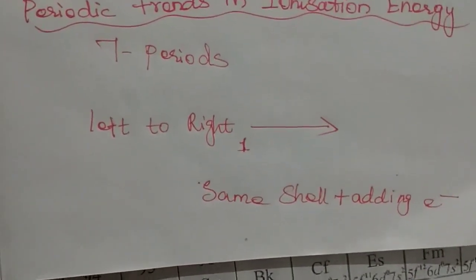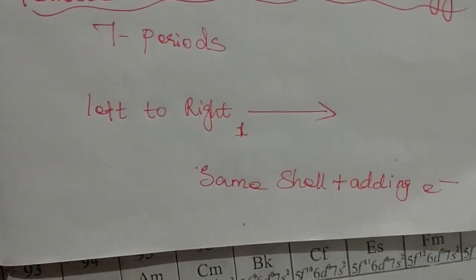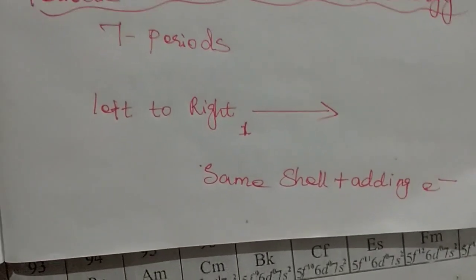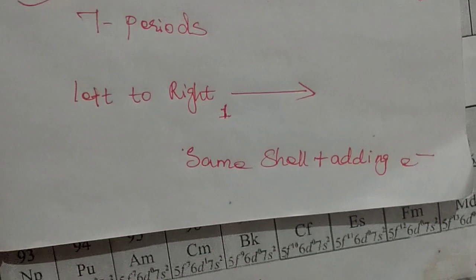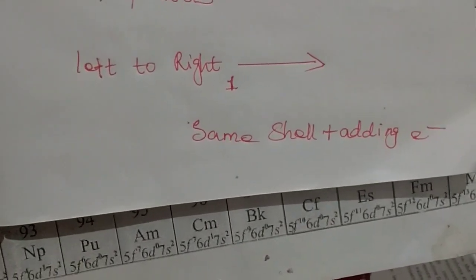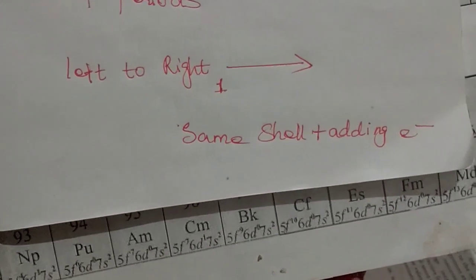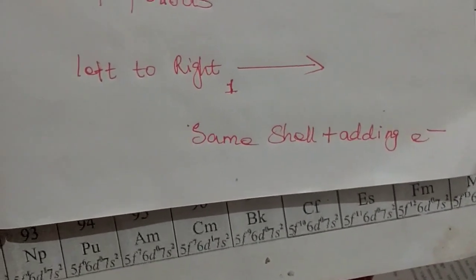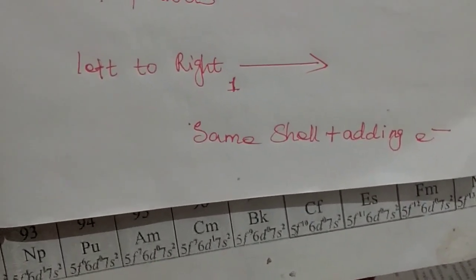So the number of electrons present is the same as the number of protons in the atom. So the successive increase of nuclear charge is increasing the electrostatic attractive force on the valence electrons.